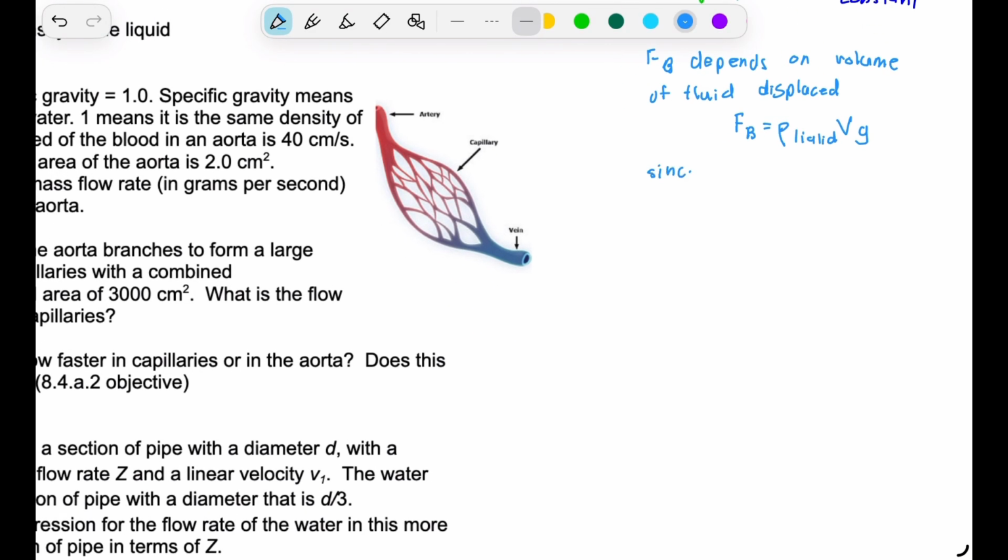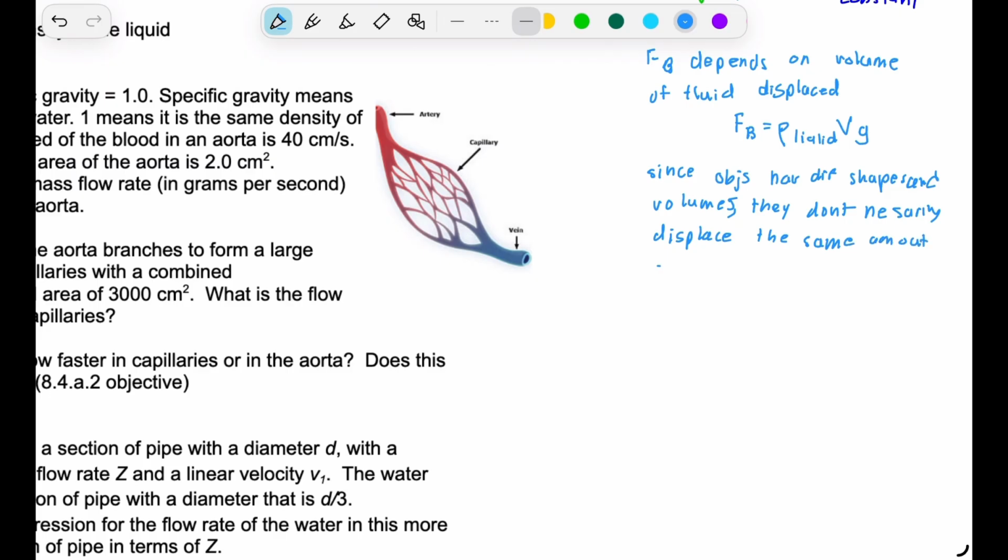And since the objects have different shapes and volumes, they don't necessarily displace the same amount of liquid. Because buoyant force is dependent on the liquid displaced, that means that FB can be different. Therefore, the tensions could be different.